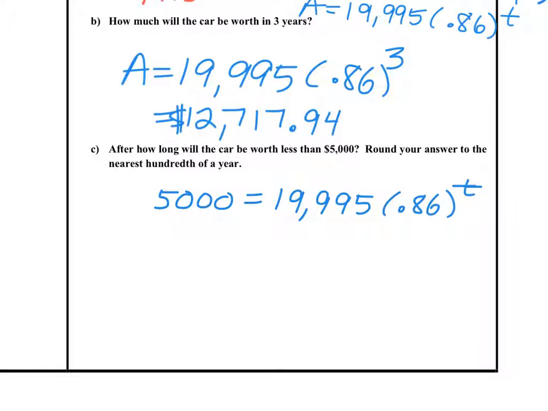So we can put this in y1, and if we put this in y2, all of this, and if we graph those two things and find where they intersect, then we'll know when the exponential gets to 5,000 or lower. That'll be more accurate. You could also use your table and see if you can tell precisely, but I'm going to go ahead and use a graph.